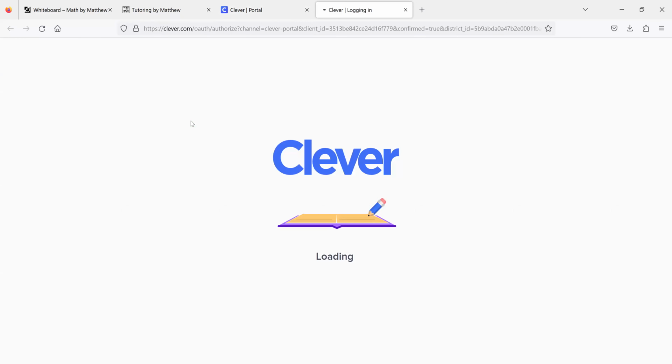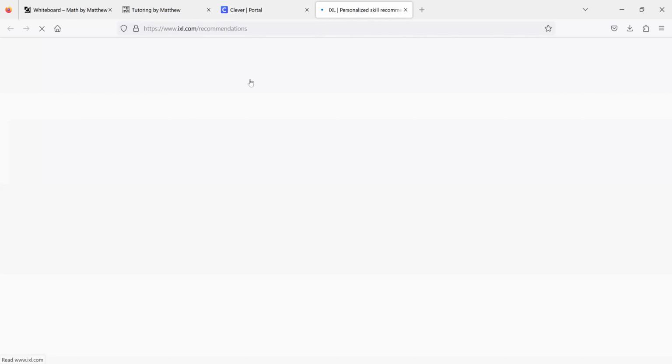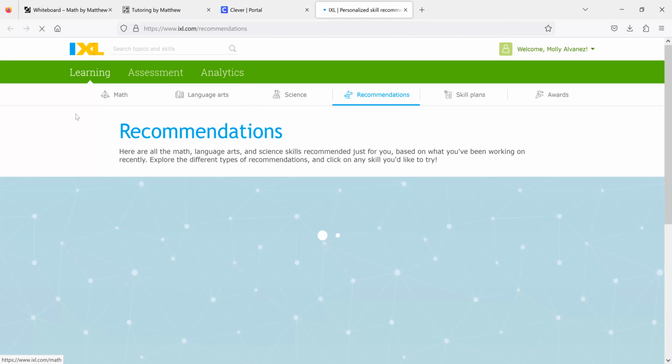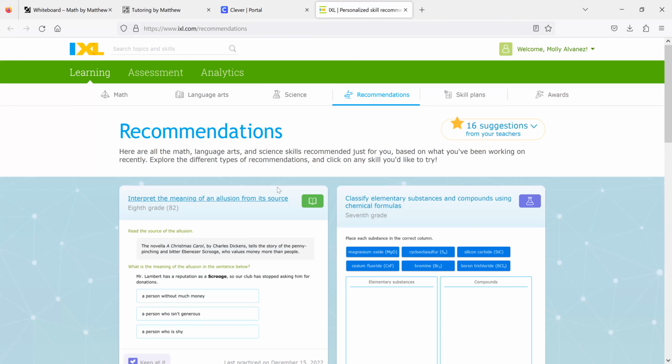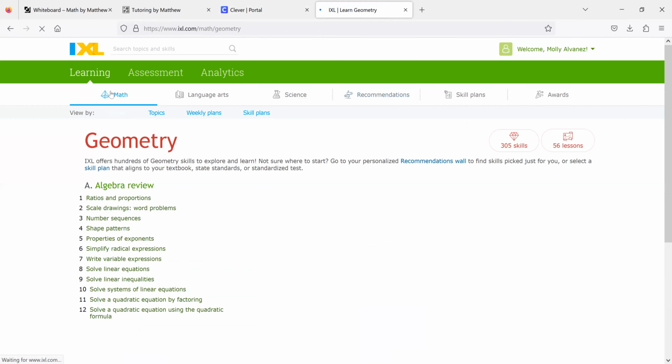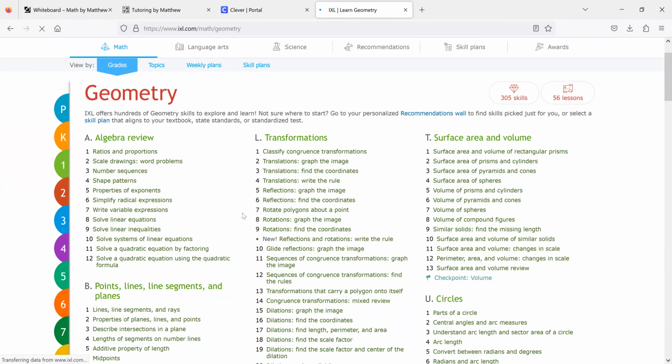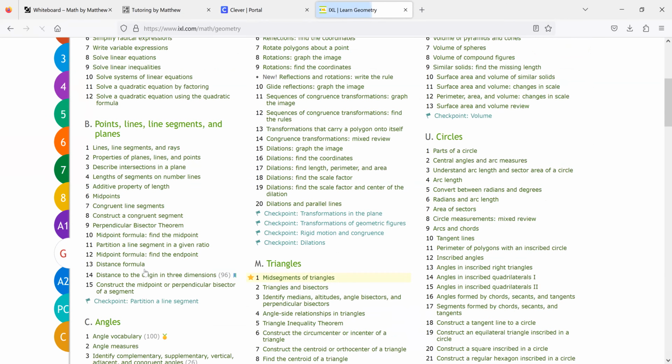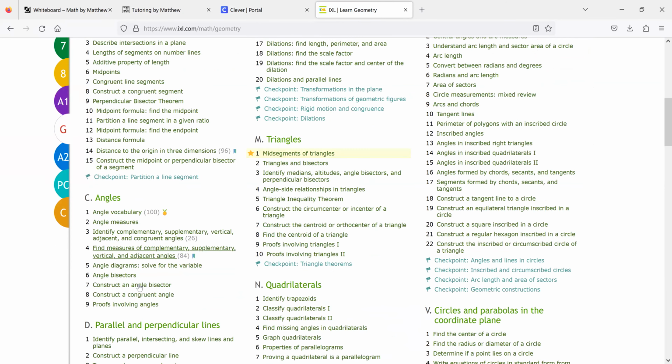I'm only asking because it's your stuff. I don't want to in any way. All right. Math. Yeah, you go down to D7. Construct an angle bisector like this.